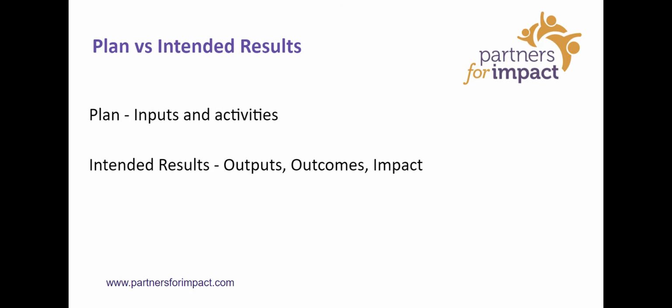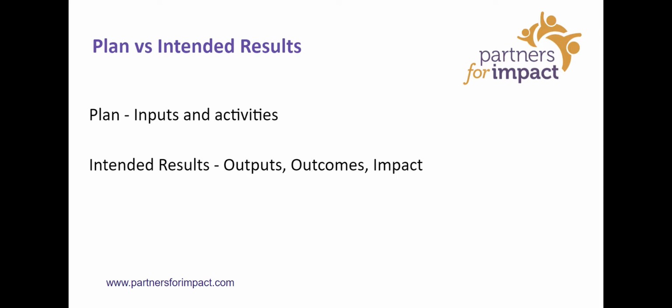So we think about our logic model as our plan and our intended results. We have our plan, which is our inputs and activities, and then our intended results, which are the outputs and outcomes.